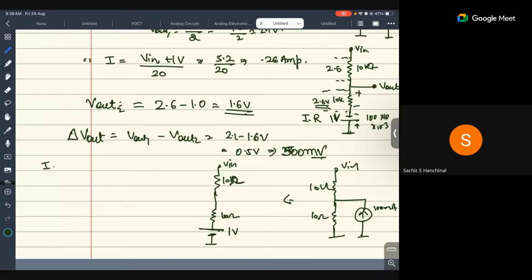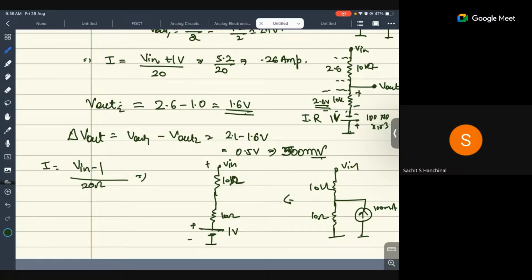Now the current I is V in minus 1 volt. Why? Because V in is positive and positive is connected with positive, so the voltage will be subtracted, divided by 20 ohm.